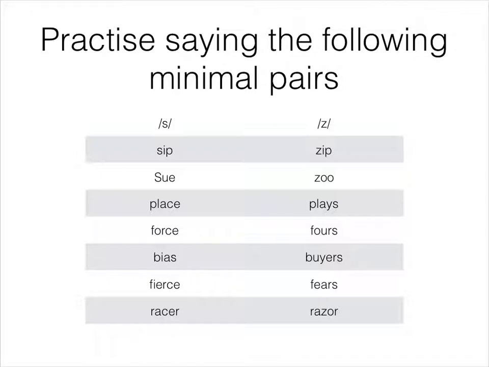So sip, zip, sip, zip. Try and exaggerate it now if you want. Maybe in real life it's not that exaggerated, but now try and exaggerate it to see the difference. Okay? So, individually or in pairs, you decide, you can try and make the contrast between these two.